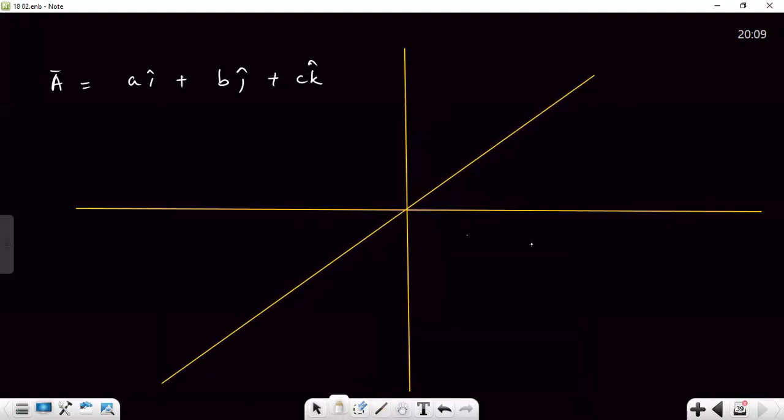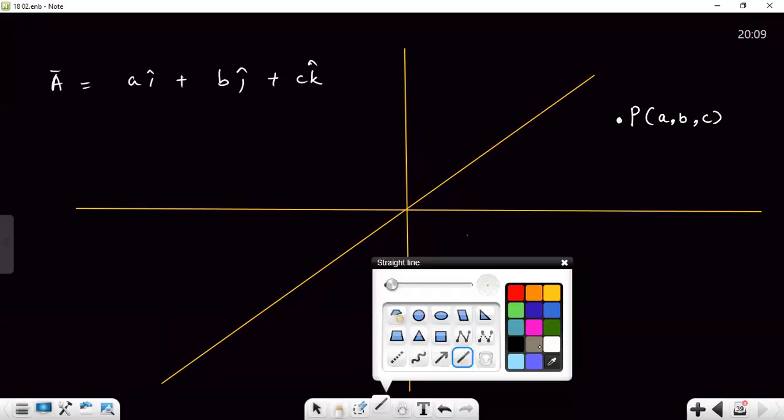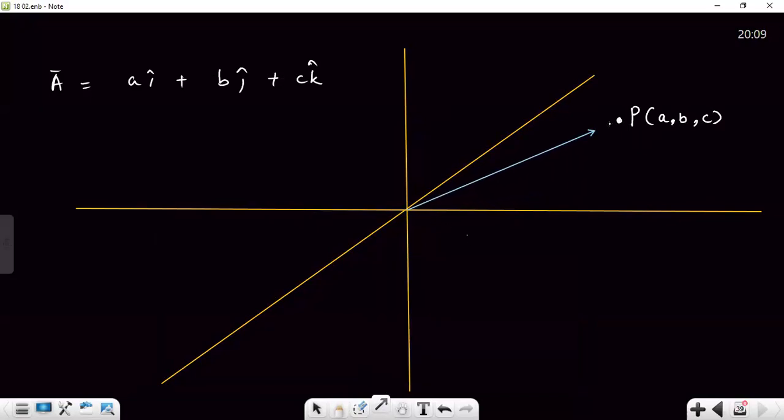There's a point P having coordinates A, B, C, and there's this vector. Now let's discuss the features of this vector. As we know, this is the x-axis, this is the y-axis, and this is the z-axis.